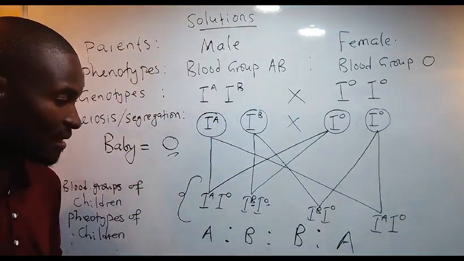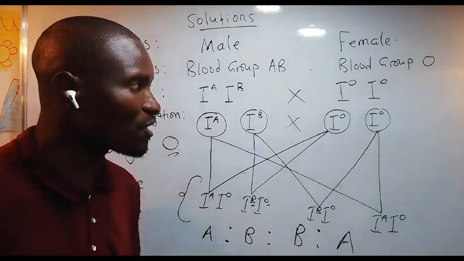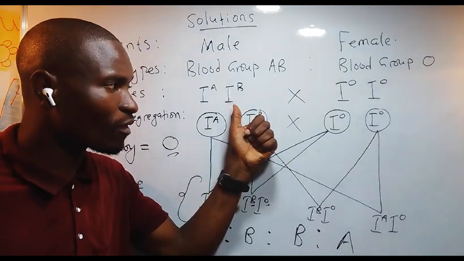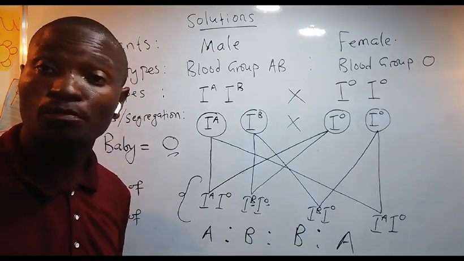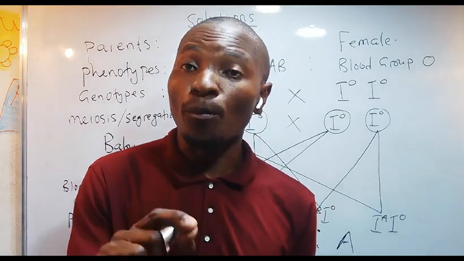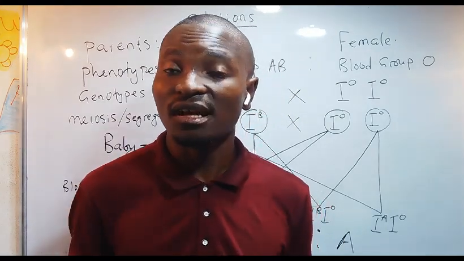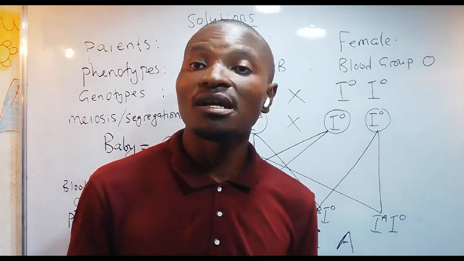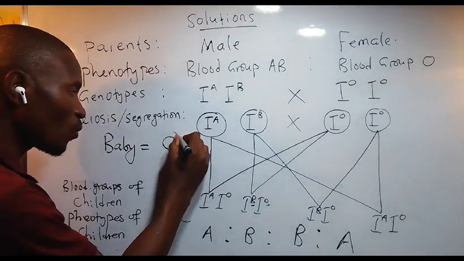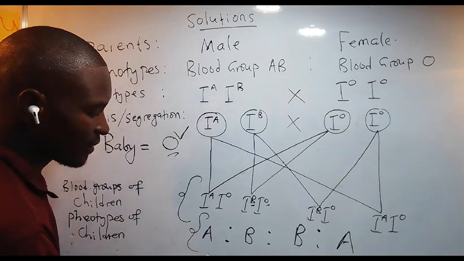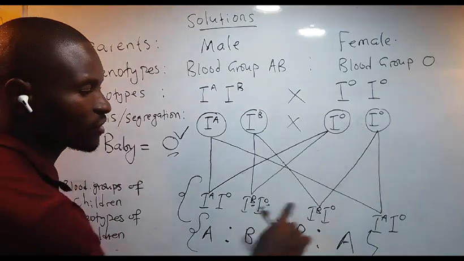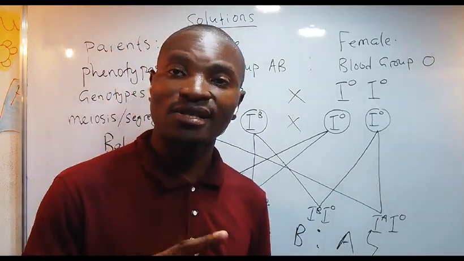The results are indicating that the combination of Mrs. Mumba and also the father or the husband could not actually produce a child who is in blood group O, which means that the proposition of Mrs. Mumba is actually wrong, and therefore she lost the case because the baby was in blood group O and none of these genotypes gives us O, despite the combination, because remember, as I said, that O is recessive.